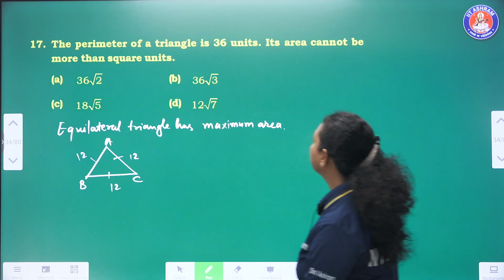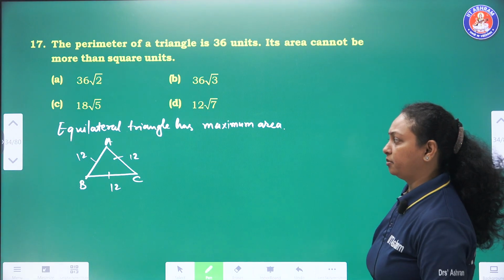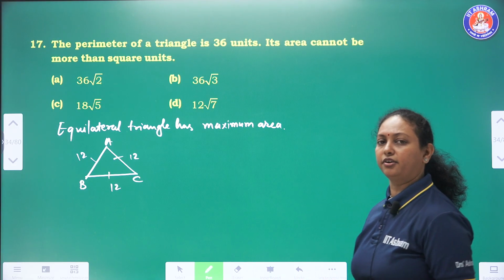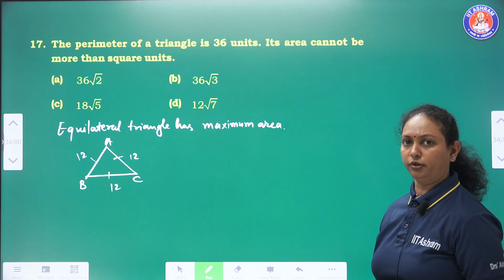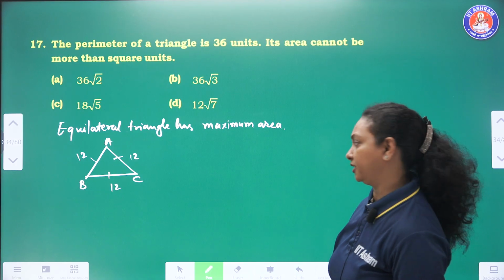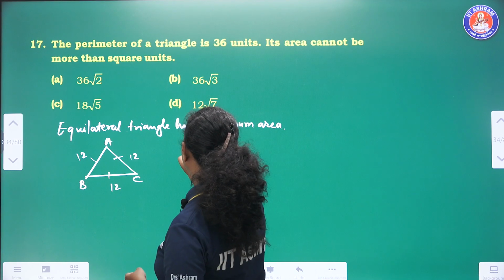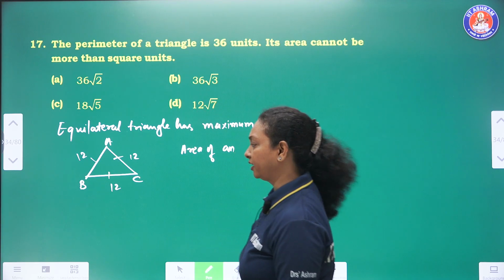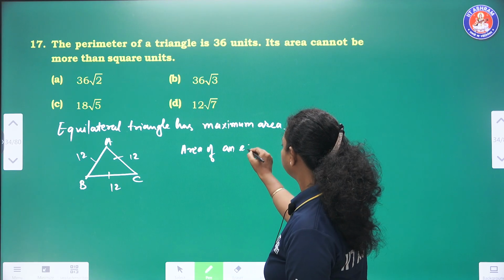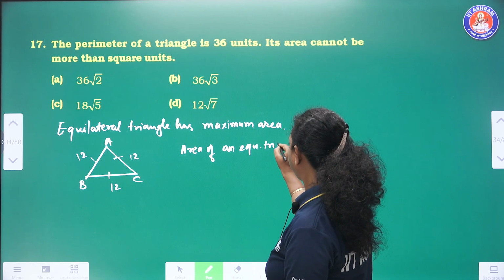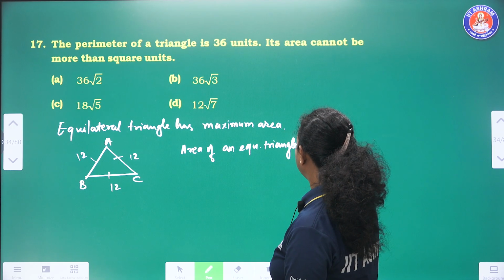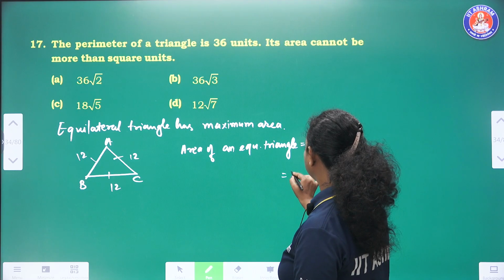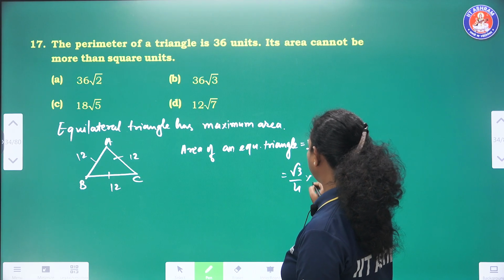Now the next part: its area cannot be more than, so the equilateral triangle's area will be the highest. So we are going to find the area of an equilateral triangle. One short trick is there: the area is equal to root 3 by 4 into side square.